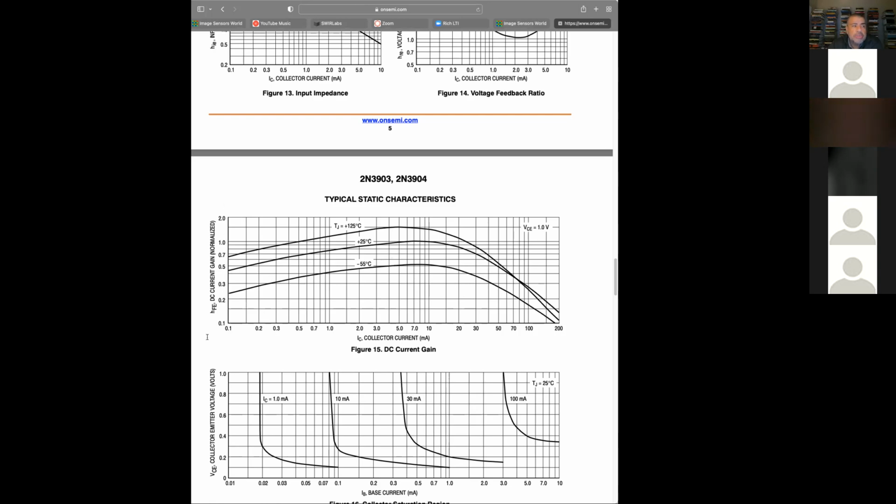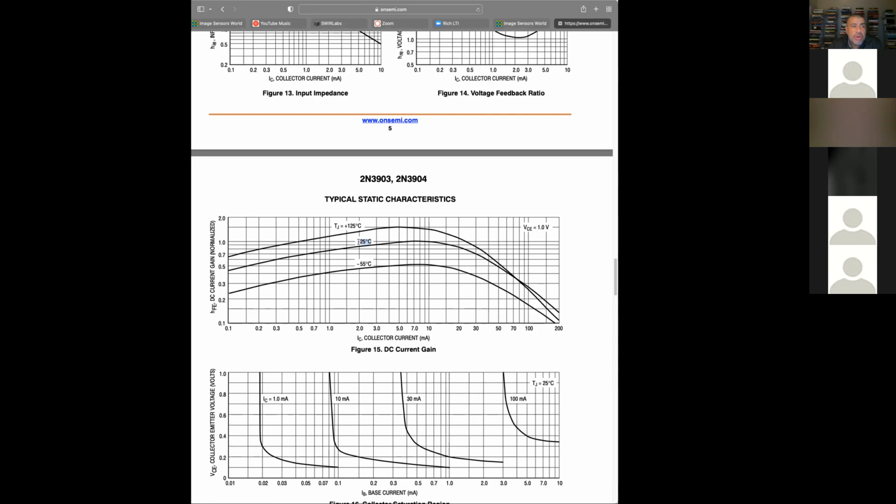This is normalized beta, so it's not really beta 1, but you can see how things drop off at different collector currents. And notice how much of a difference you get at different temperatures.